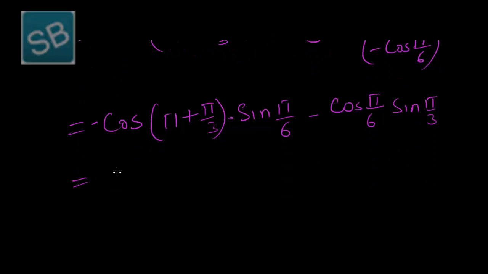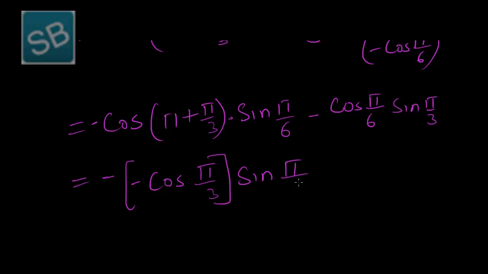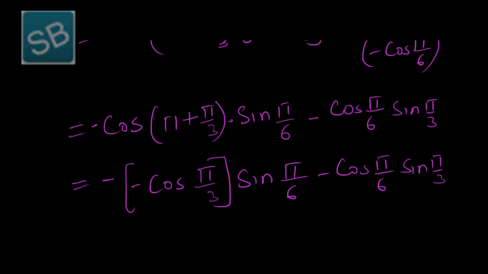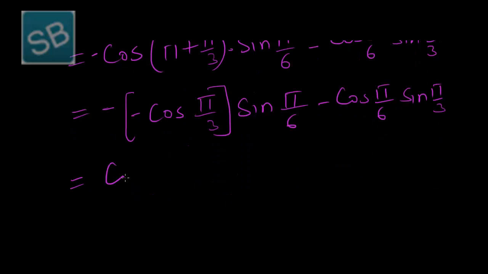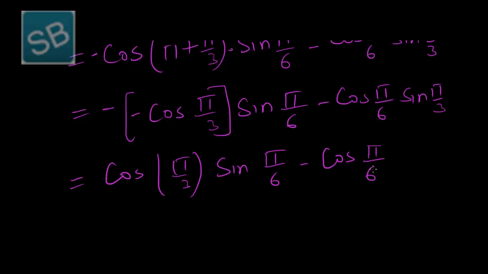So again cos pi plus theta is in the third quadrant. In the third quadrant cos is negative, and on pi it remains the same. So negative cos pi by 3 into sin pi by 6 minus cos pi by 6 into sin pi by 3. So we get cos pi by 3 sin pi by 6 minus cos pi by 6 sin pi by 3.